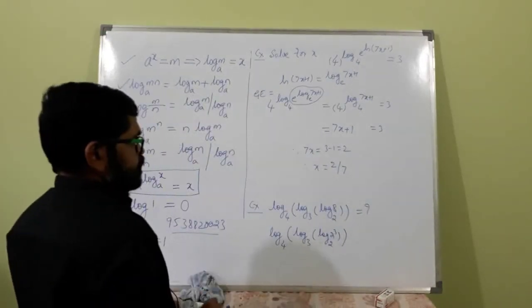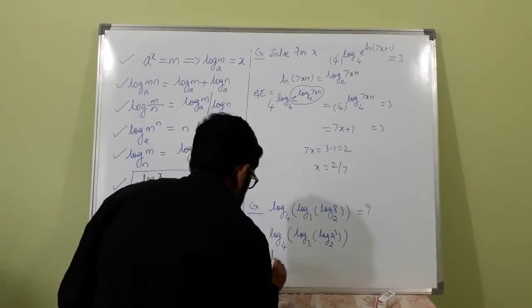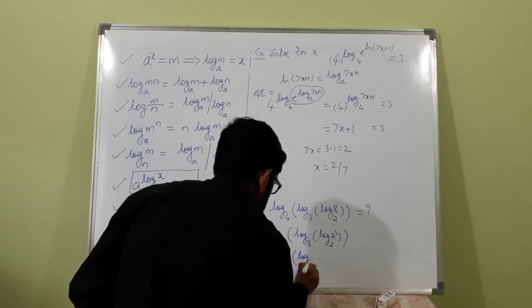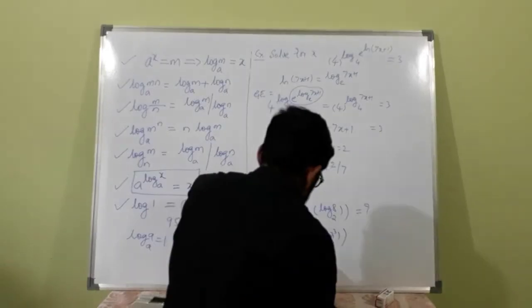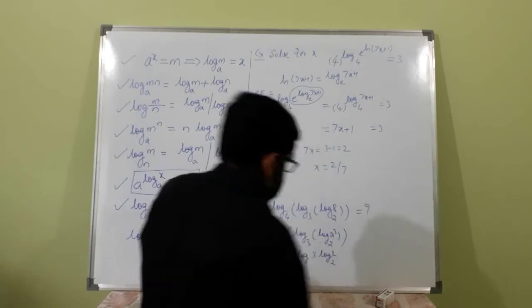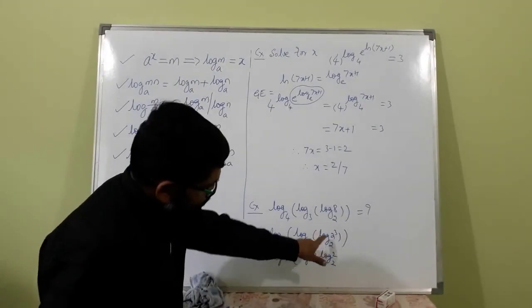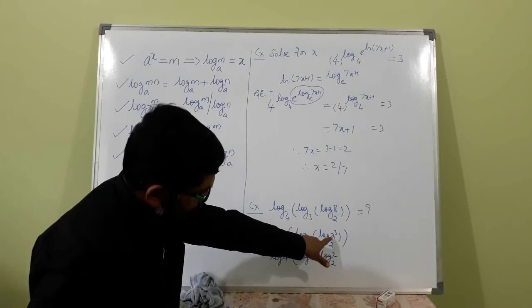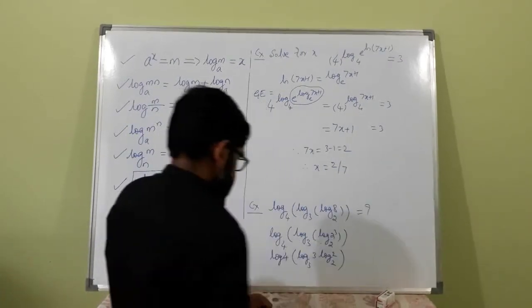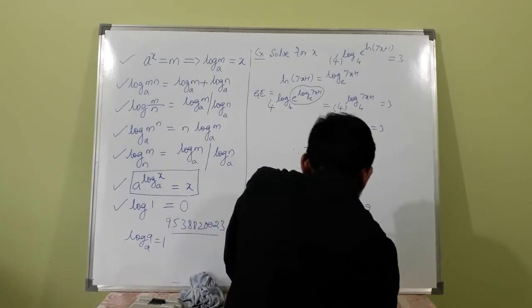Okay. This is log of 4, log 3 into log of 2 to the base 2. 3 into log m raised to n is n into log m to the base 2. Here the base is 3.